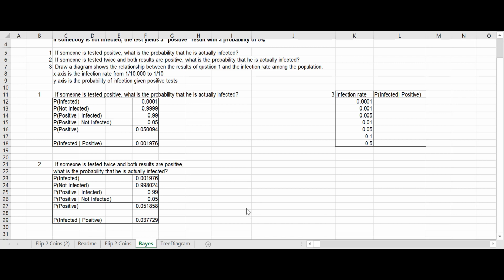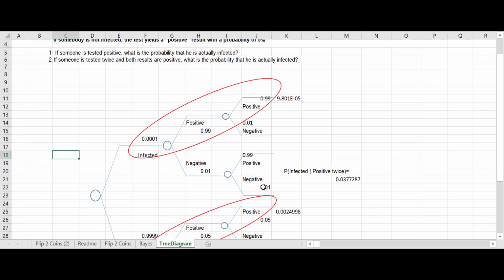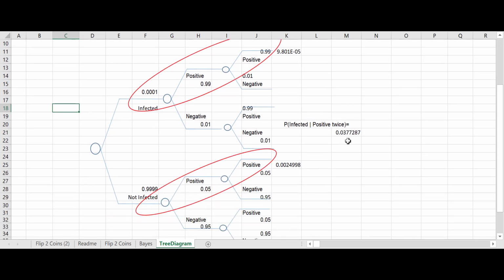So for the second part, if someone tests twice positive, what's the probability he's actually infected? I also have a way using a tree diagram to solve the problem. You can look into this. It should have the same solution, okay?